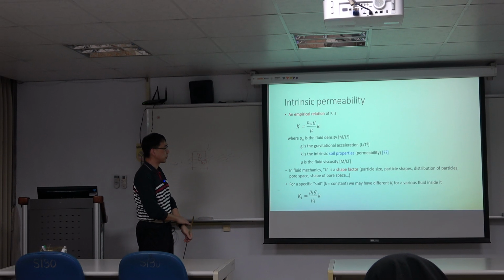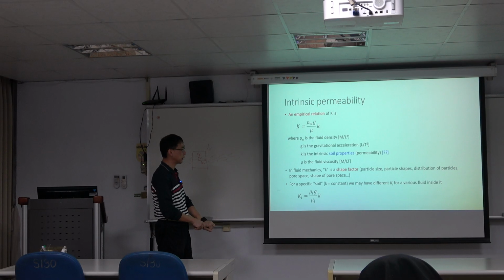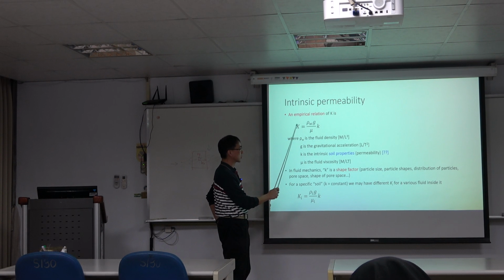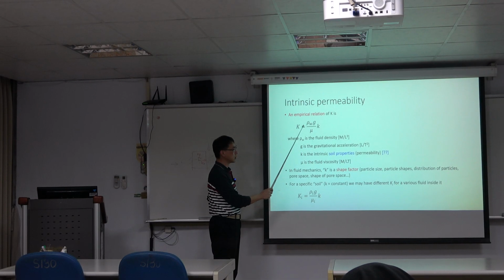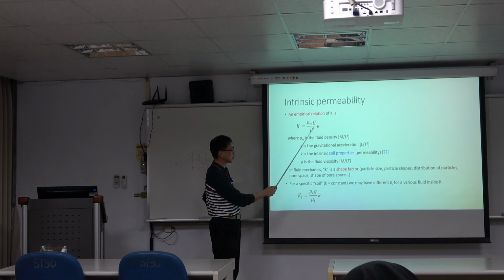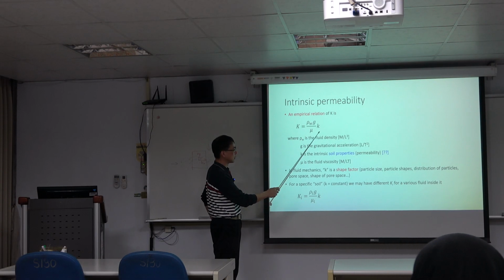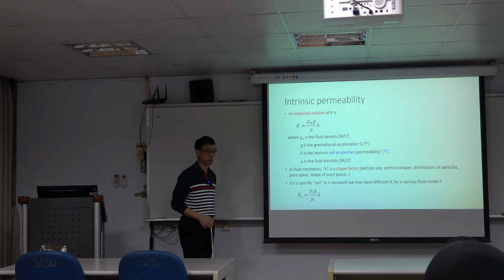And intrinsic permeability is the empirical relation for the hydraulic conductivities. So we write it down in this format. Hydraulic conductivity can be separated into the fluid part and the solid part. For the fluid part we use the density of the water and also the viscosity of the water. And the solid part we don't know because they are combined, integrated parameters.